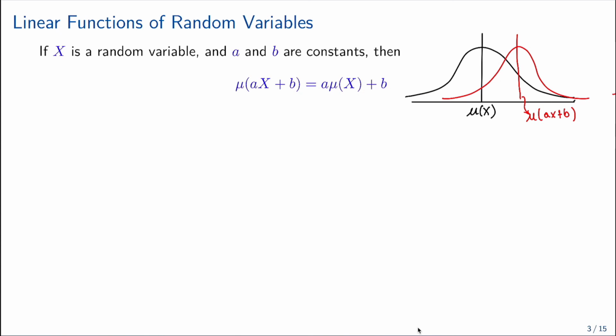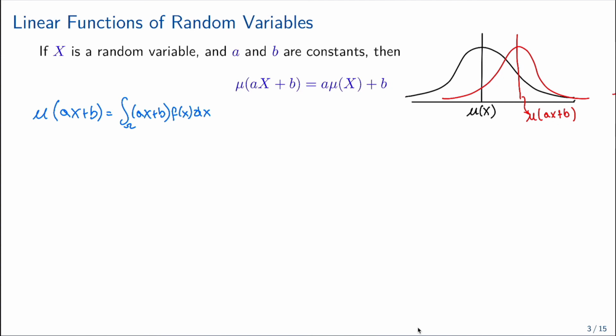This statement can be easily demonstrated using the definition of the mean. The mean of ax plus b is equal to the integral of ax plus b multiplied by f of x dx, and that integral is over the whole domain.